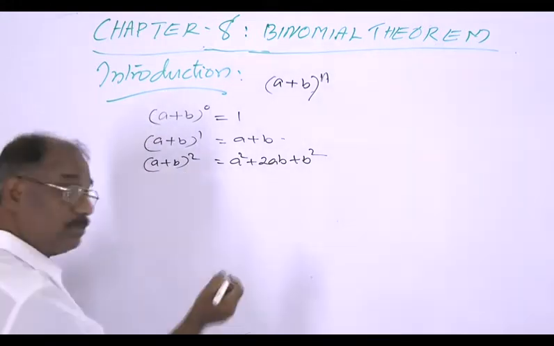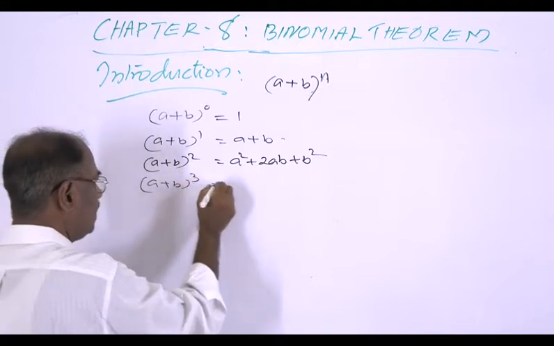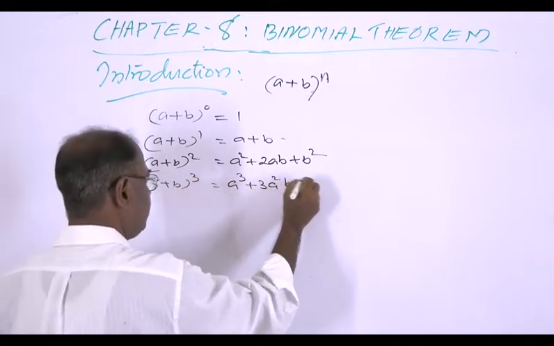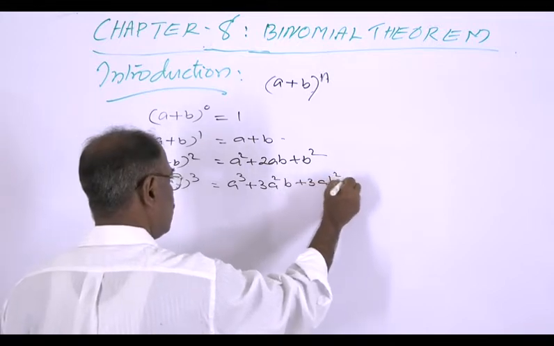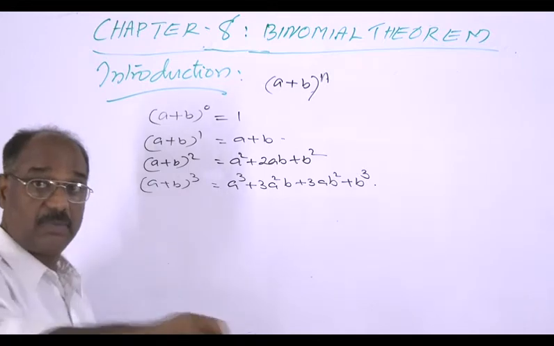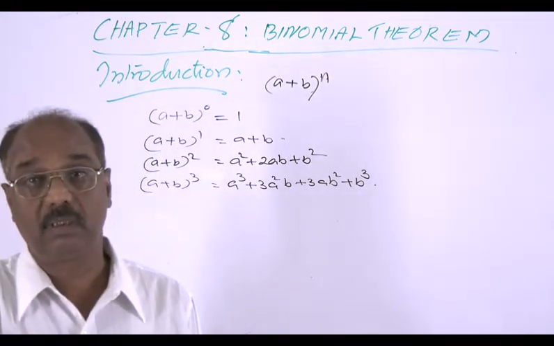And you know A plus B whole cube also: A plus B whole cube is equal to A cube plus 3A squared B plus 3AB squared plus B cube. You have seen this earlier in the previous classes.